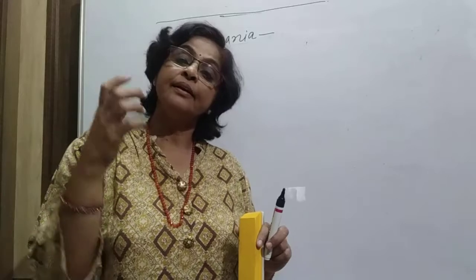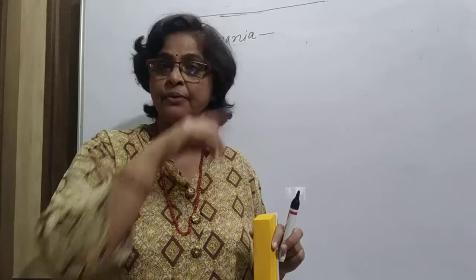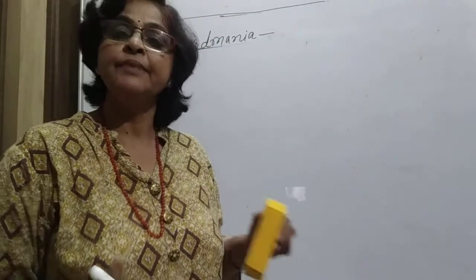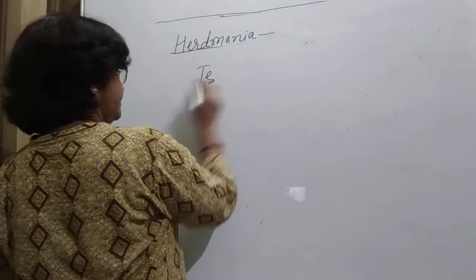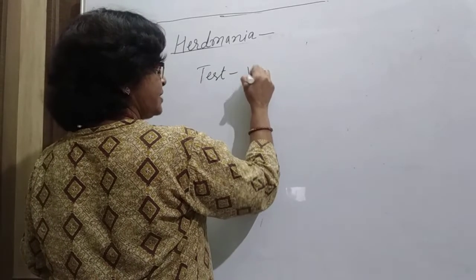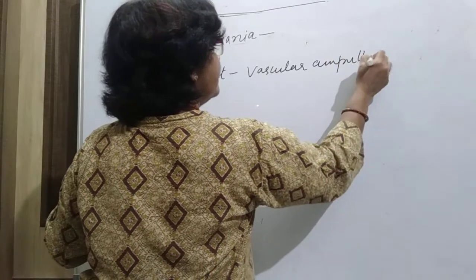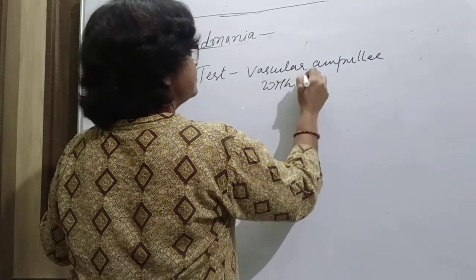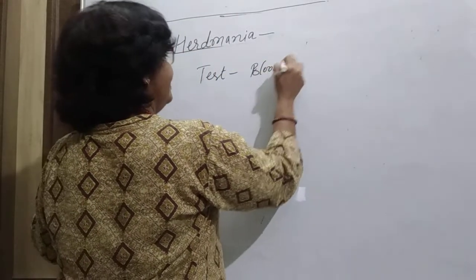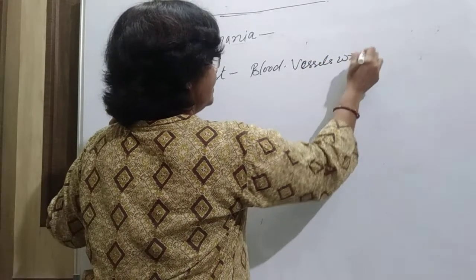Now what type of cells are found? I have already discussed the ampullae and blood vessels. If you want to describe the test, just recall: the test has blood vessels with vascular ampullae.